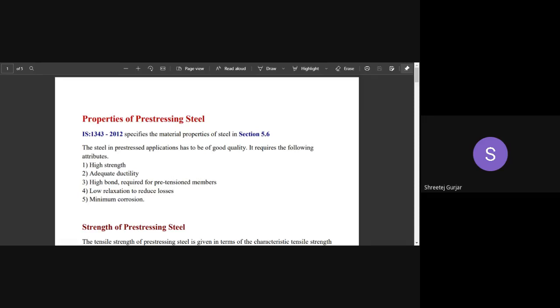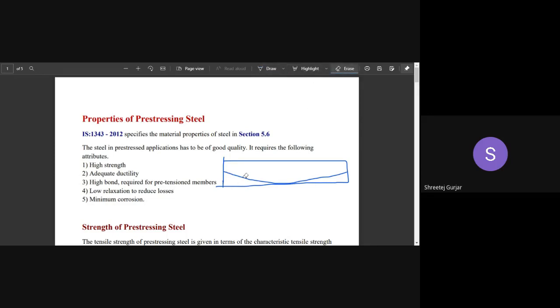We have seen that in post-tension members, we have a curved profile for our tendons, right? Let me just draw. If this is our post-tension beam, your pre-stressing steel or tendon can be curved like this. So it should have ductility, so that it can be bent and passed through the ducts like this.